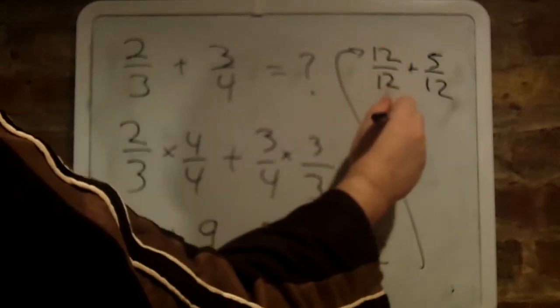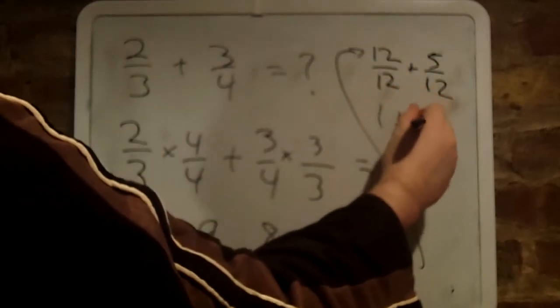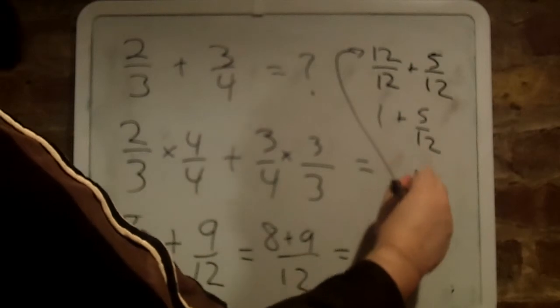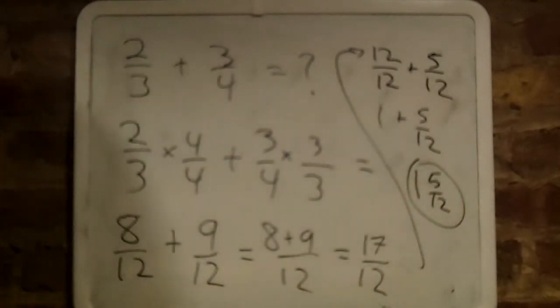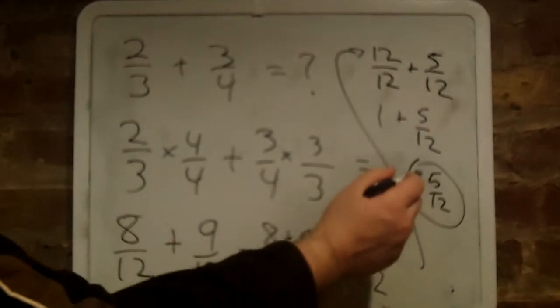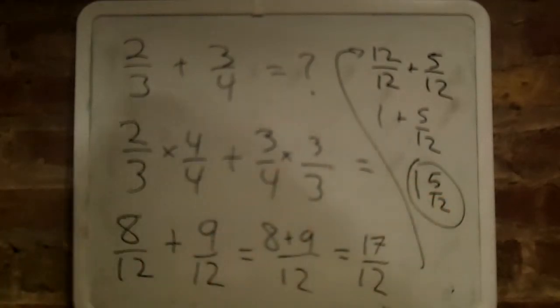So 12/12 is 1. So our answer we can write is 1 and 5/12, like this. And this is called a mixed number because it has a whole number and then the fraction next to it.